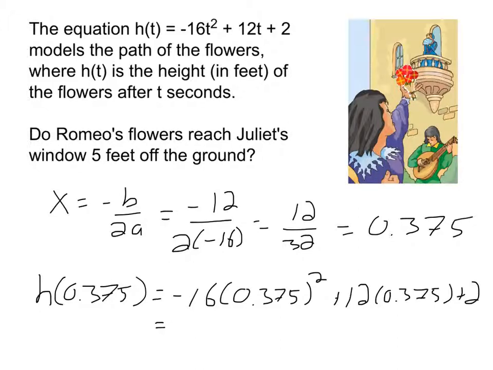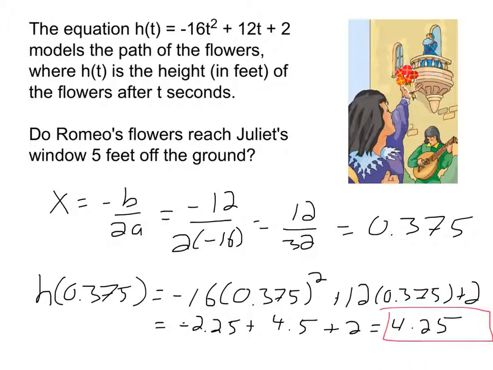The first one ends up being negative 2.25, and then the second piece becomes 4.5, and the third piece is a plus 2. And so that's going to combine to 4.25. That's going to be the maximum height, measured in feet.